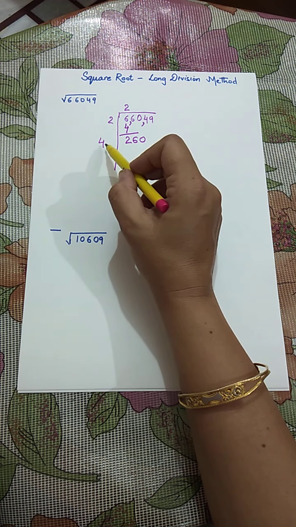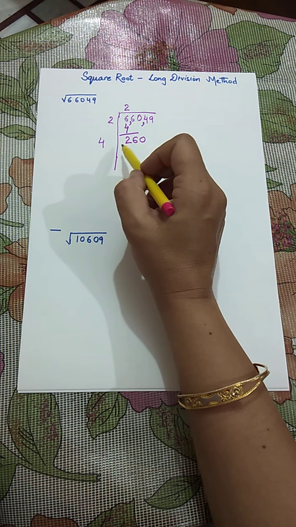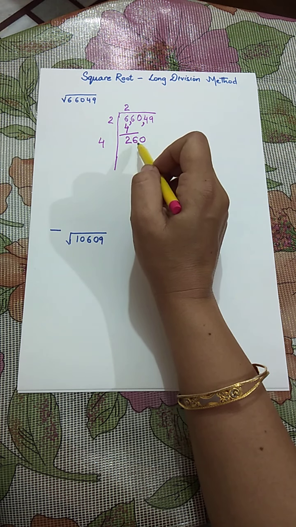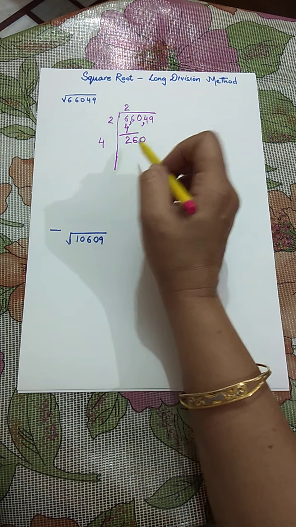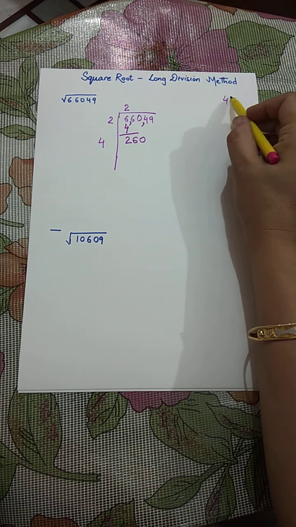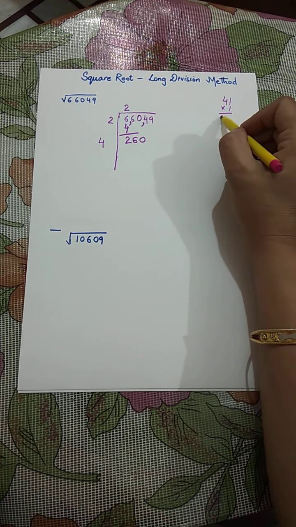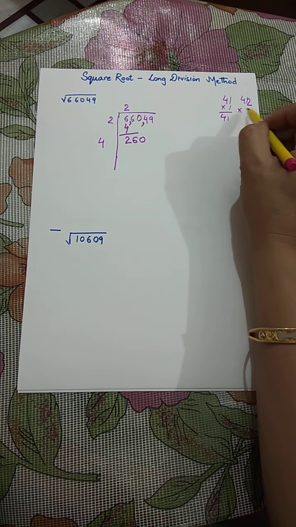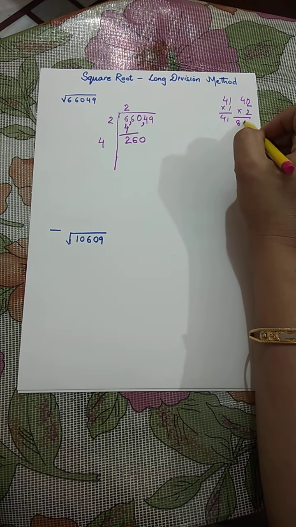Now you have to add any one number to the 4 so that its product with the same number is either equal to 260 or less than it. So 41 multiplied by 1, 41. 42 multiplied by 2 is 84.